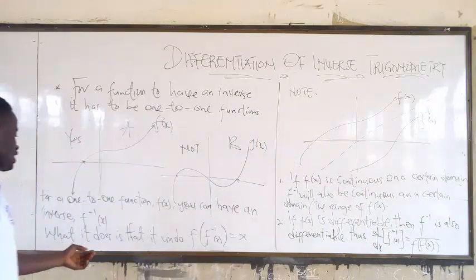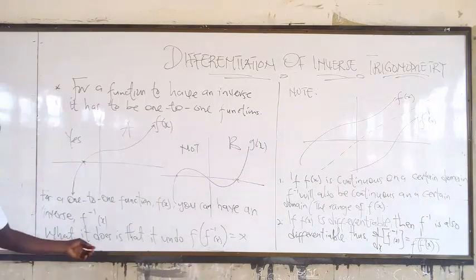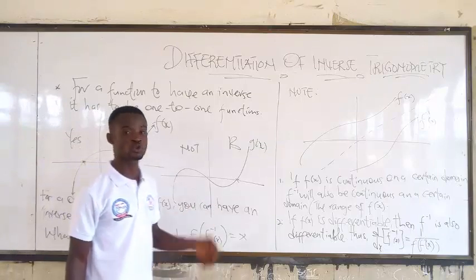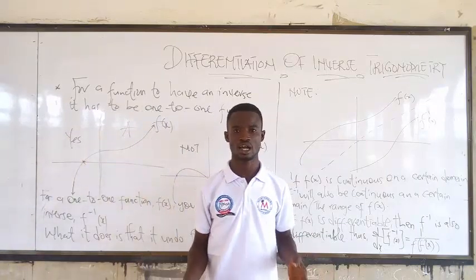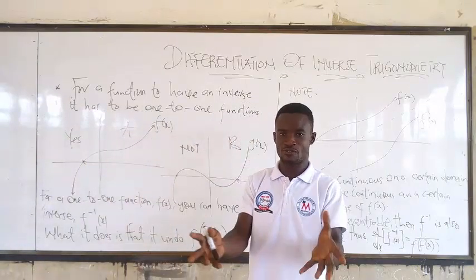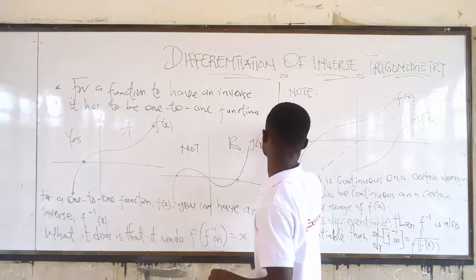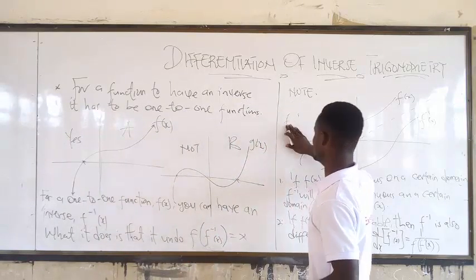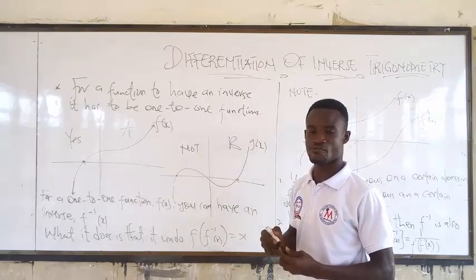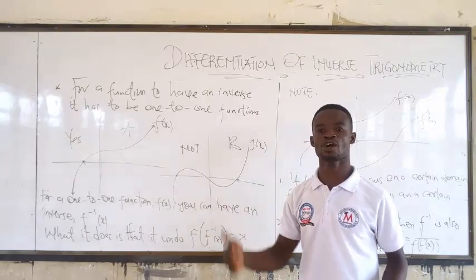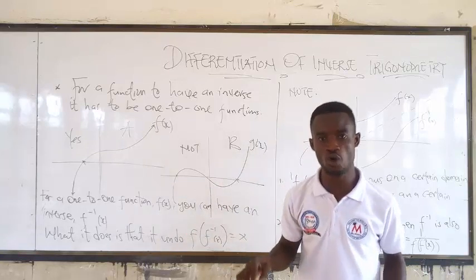What an inverse function does is that it undoes a function. Anytime you write something like this, it's talking of an inverse function.